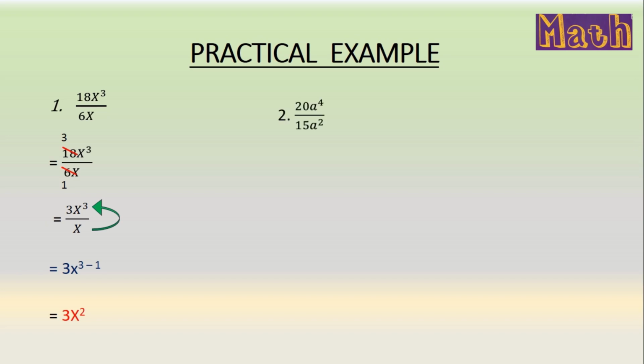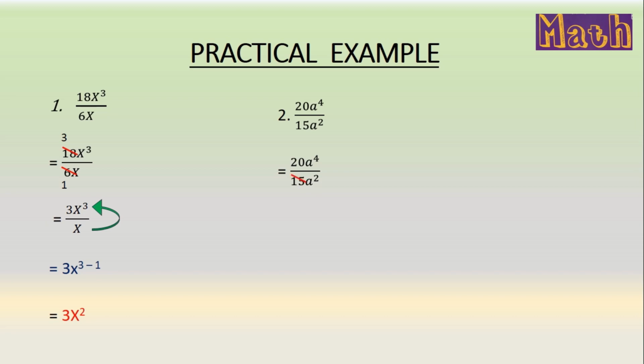The next example, we have 20a to the power 4 divided by 15a to the power 2. I'll look for the highest common factor that can divide 20 and 15 and apply the rules of index to solve a to the power 4 and a to the power 2.